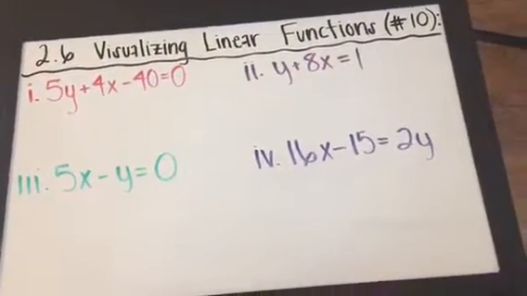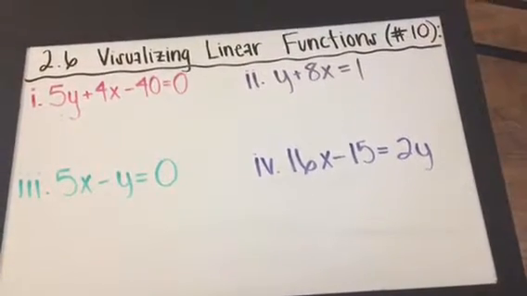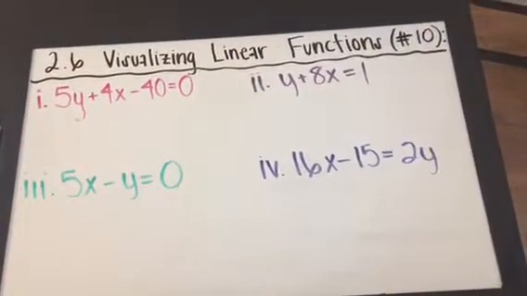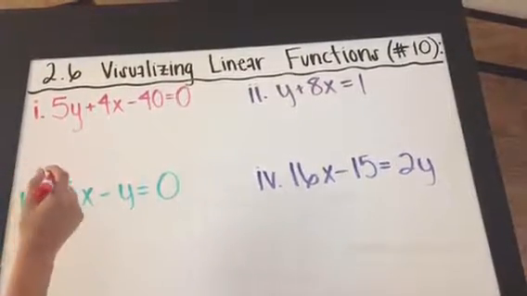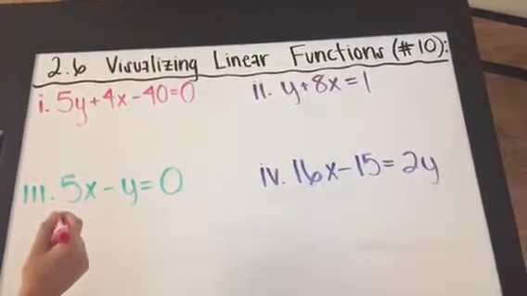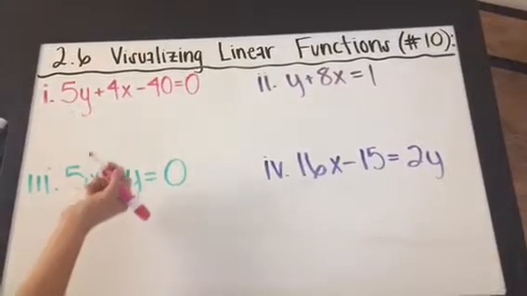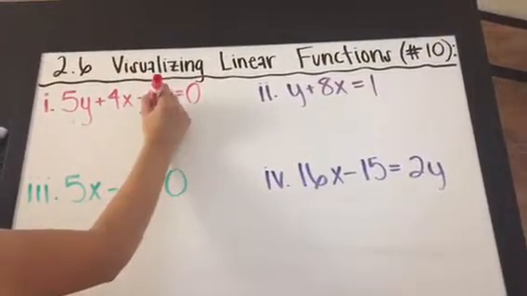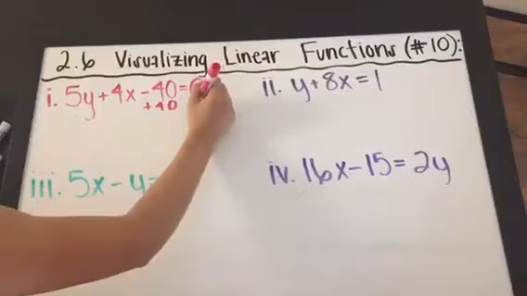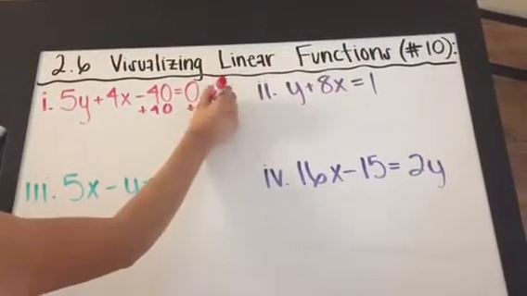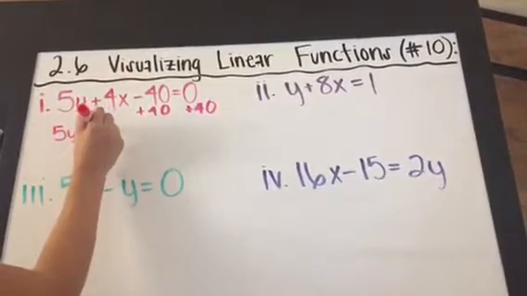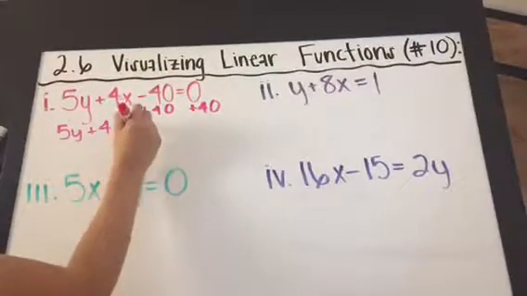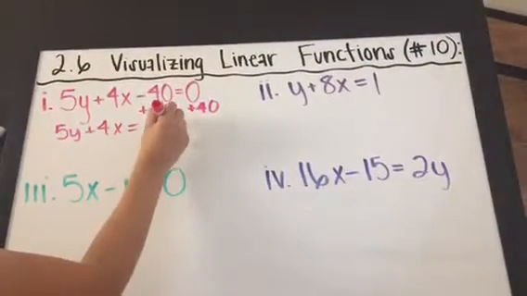So now that we saw an example of how to get y by itself, we're going to start solving our 4 equations. For the first one, it's 5y plus 4x minus 40 equals 0. The first thing we want to do is add 40 to both sides. We end up with 5y plus 4x equals 40.